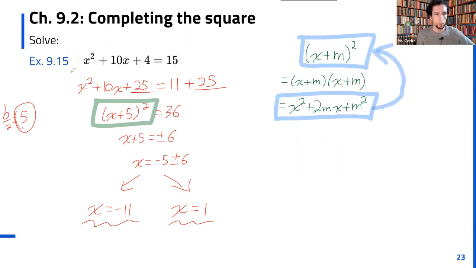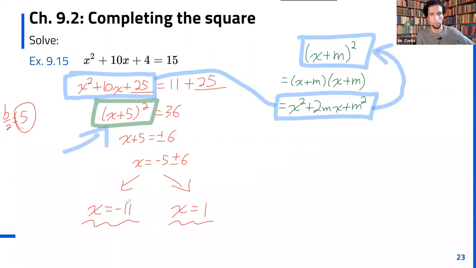So we added 25 here so that this is the same as this bottom part. And then we realize, oh, it's this special type with the 2m and the m squared. So we can go back up to the binomial, the x plus m squared. And that was this thing here. So it's easier to think about when we go in the opposite direction.